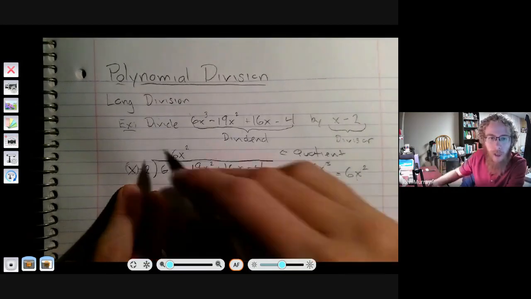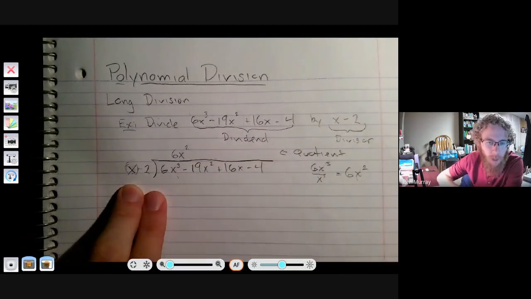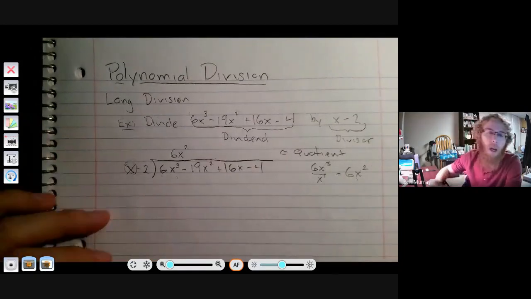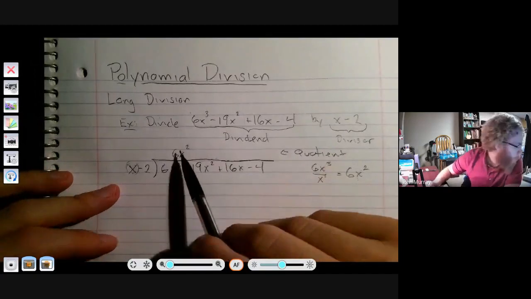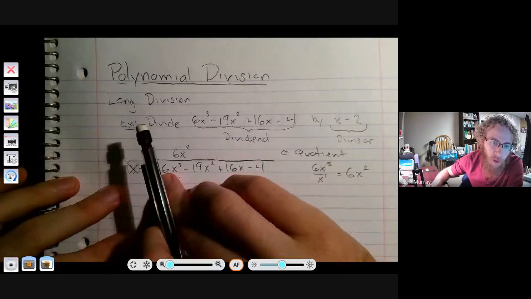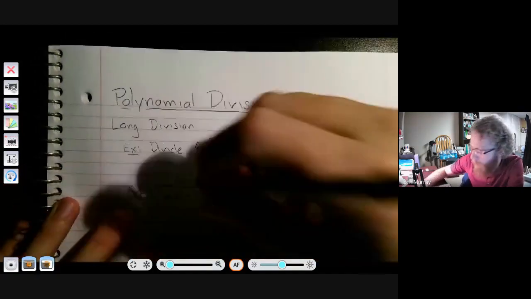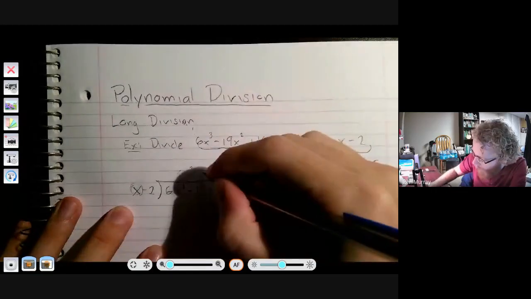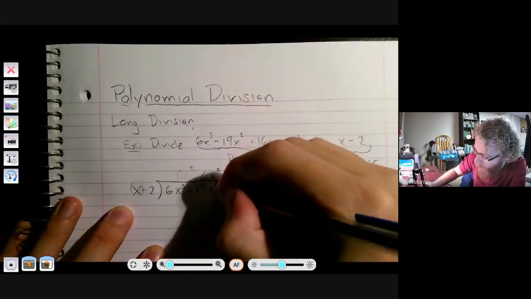And whatever you get here goes up top. Okay, so that's the first step. Now, where you put this is a debate. Some people like putting it in the front to begin with. What I'll do is put it above the squared.